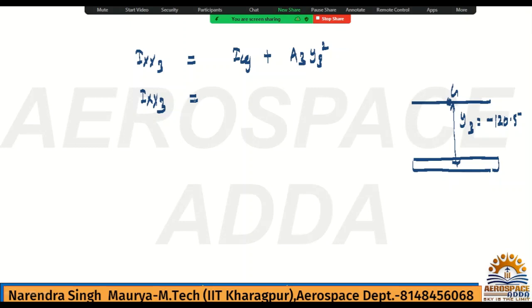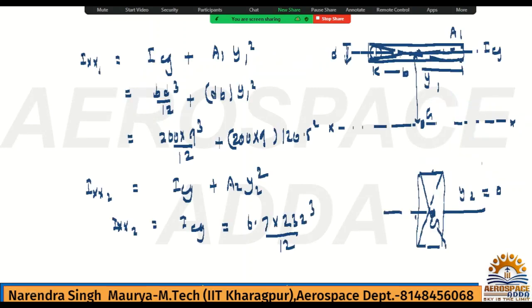Now, if you check IXX3, what value will you get? You will get the same formula. The width and depth given are also the same here.